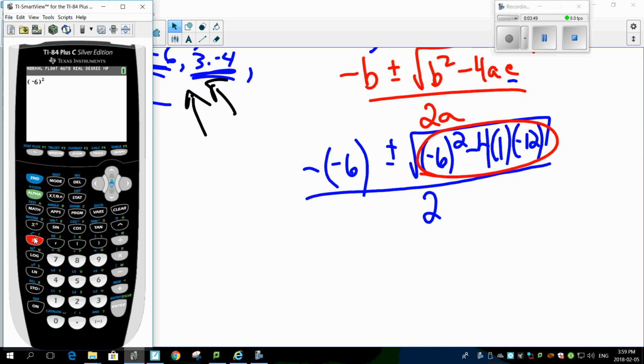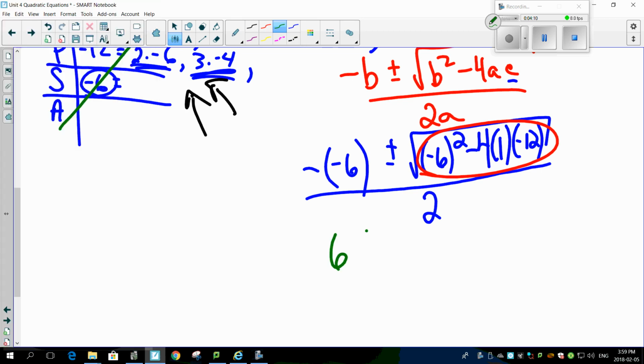Okay, and we know negative 6 squared is negative 6 times negative 6, which is a positive 36. Minus 4 times 1 times a negative 12. And let's see what the answer is. I got an answer of 84. All right, so let's clean it up. So this is minus minus, which makes the positive 6 plus or minus the square root of 84 over 2.